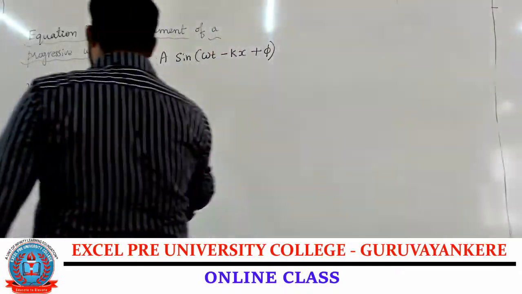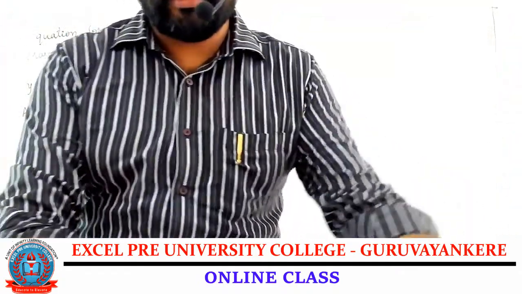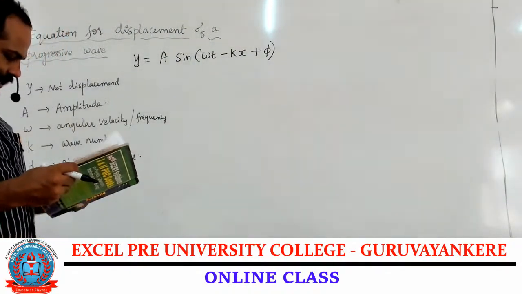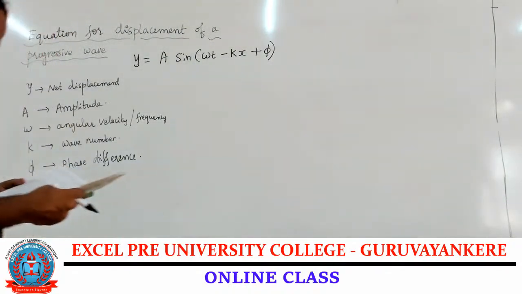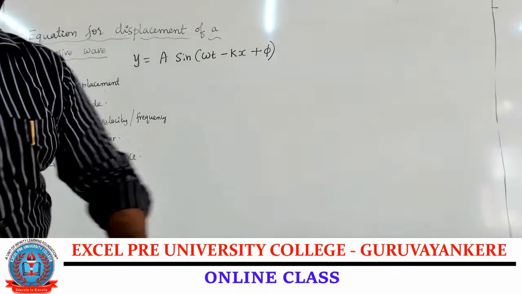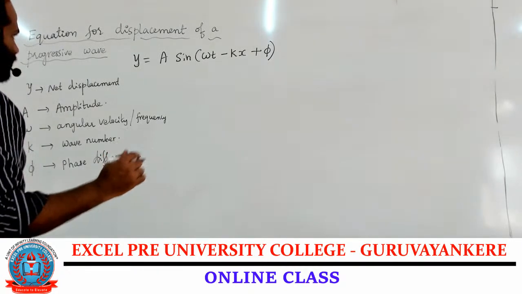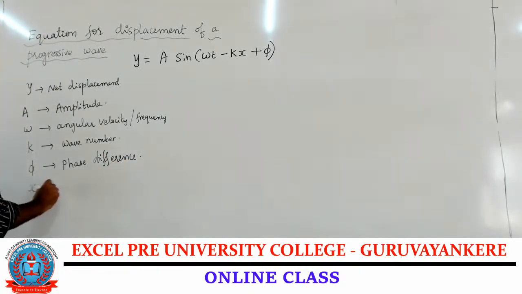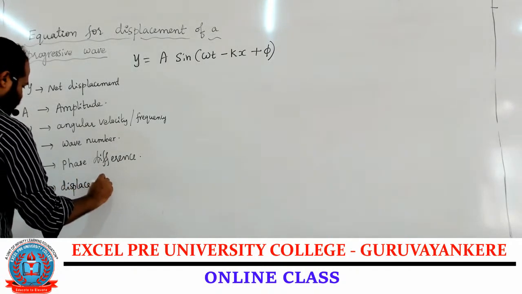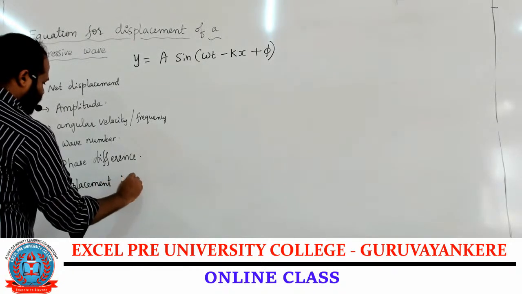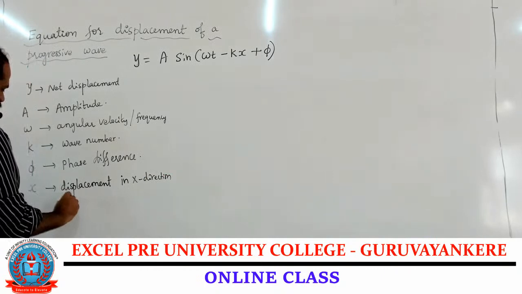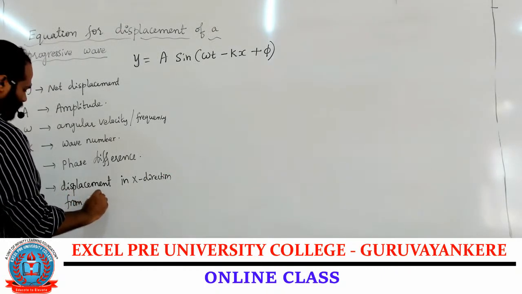Here x is the displacement in the x direction, at a distance x from the origin. So x is obviously the displacement in the x direction from the origin.